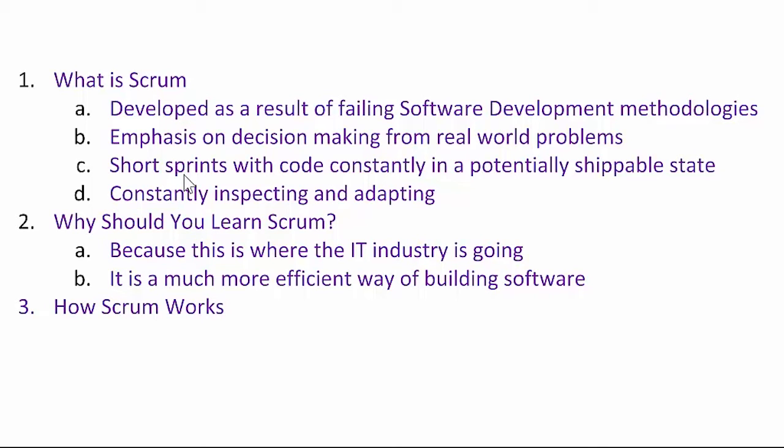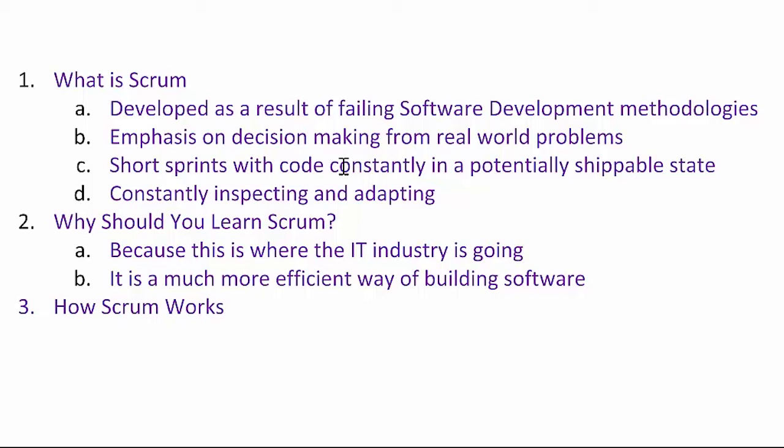So those were just some of the drawbacks of this waterfall methodology, and that's actually why Agile came about. And Scrum is just an umbrella of that. In Scrum, also, the emphasis is on decision making from real world problems. What I mean by that is that because there are short sprints with code that is constantly in a potentially shippable state, the short sprints allow real world decisions to be made.